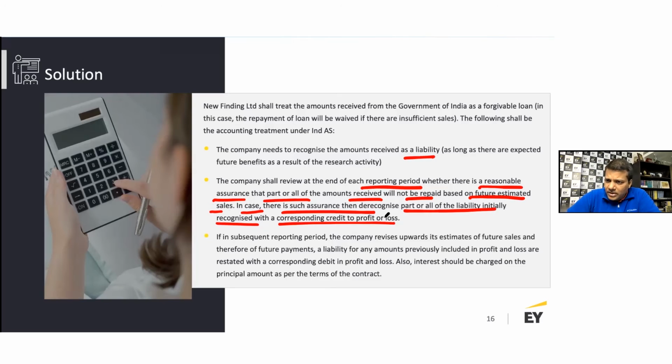If in a subsequent reporting period the company revises upward its estimate of future sales and therefore of future payments, a liability for any amount previously included in profit and loss is restated with a corresponding debit in profit and loss. Also, interest should be charged on the principal amount as per the terms of the contract. All right, so you have to keep on assessing both the activities.